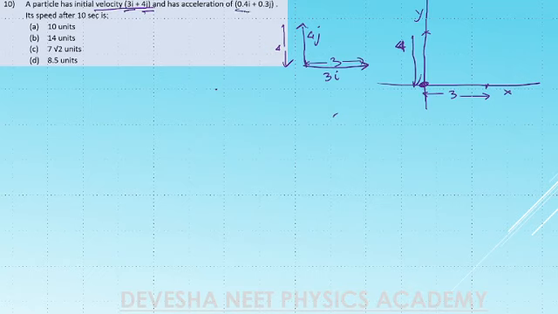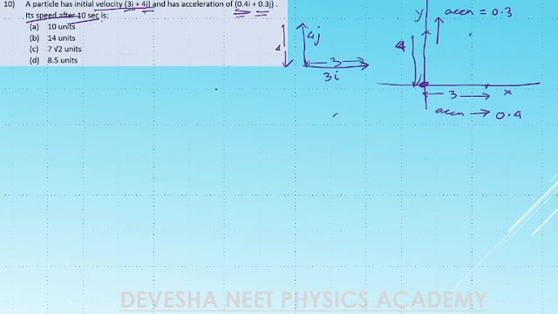So it means 3 in the x direction and 4 in the y direction. How much acceleration? It is 0.4i plus 0.3j. So it means 0.4 in the x direction, so acceleration in this direction is 0.4, and acceleration in the y direction is 0.3. Now we need to find out what is the speed after 10 seconds.